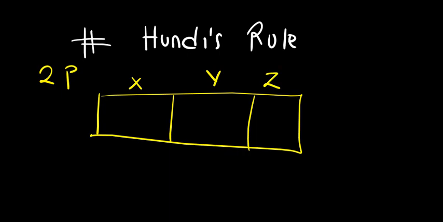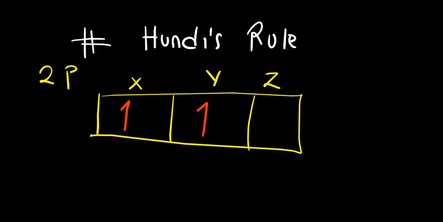If you have XYZ, you fill electrons first singly, before doubling them. So you're not first going to put two electrons in X. If there are two, you're going to put the other one in another orbital, because electrons are negatively charged, and according to the rule of charges, like charges repel each other. So they'll prefer to go in this other orbital.